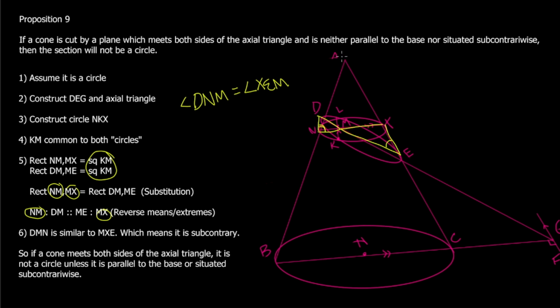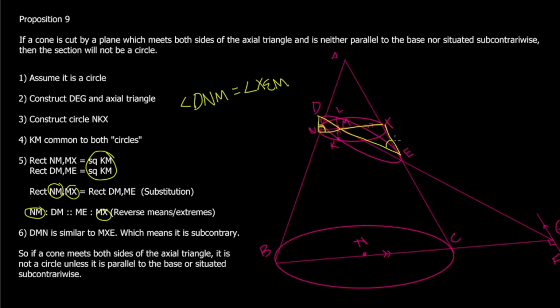Let's draw this a little bit better, because what we're trying to do is show that DN, this line here, is supposed to be the same as this blue line, but I haven't drawn this very well. So since this line NX was constructed parallel to the line BC, it's going to make this angle here equal to this angle here.